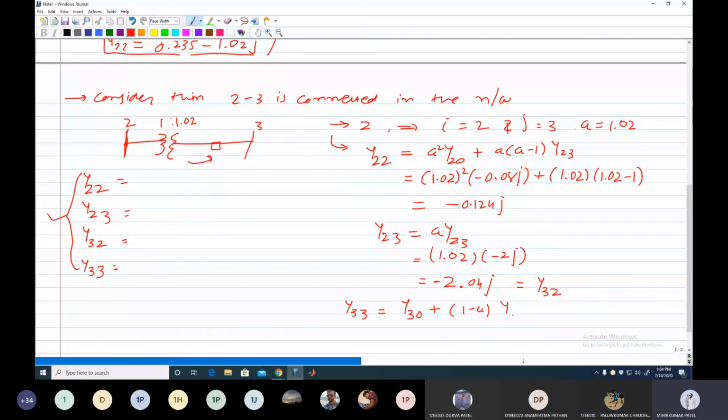What is the value of y30? Just see the network, value of y30 is minus 0.08. Okay.